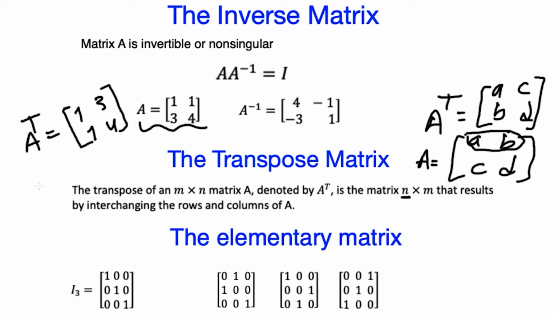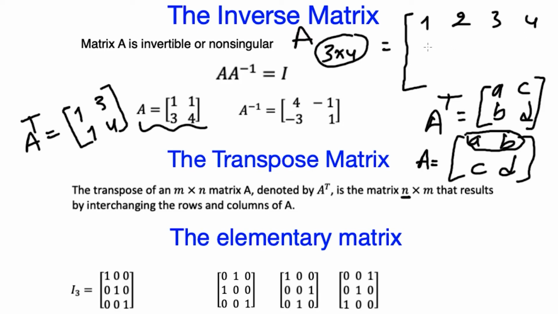And even if we have a 3 by 4 matrix, we call it A, for example 1, 2, 3, 4, 5, 6, 7, 8, and 0, 9, 3, 4.